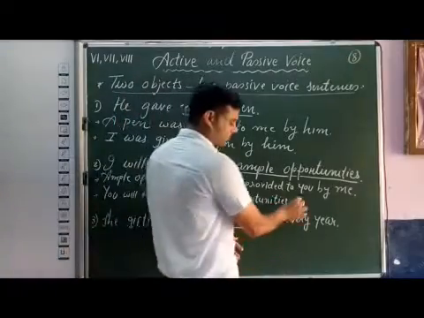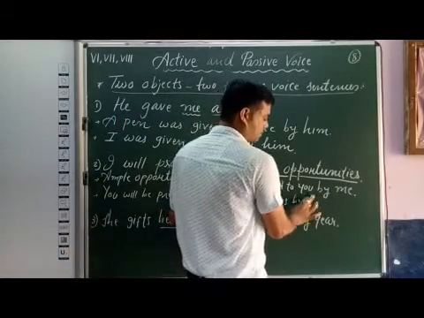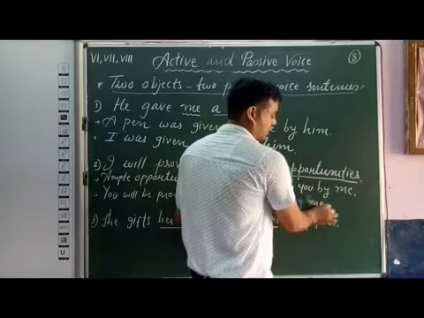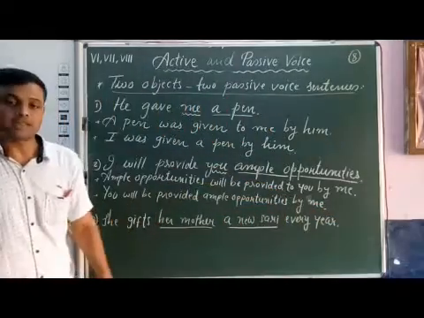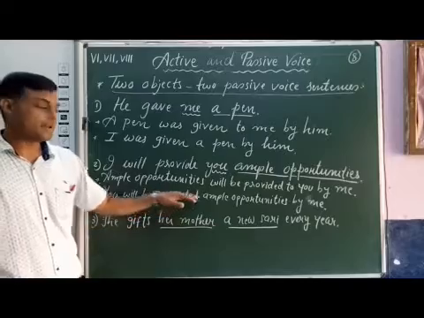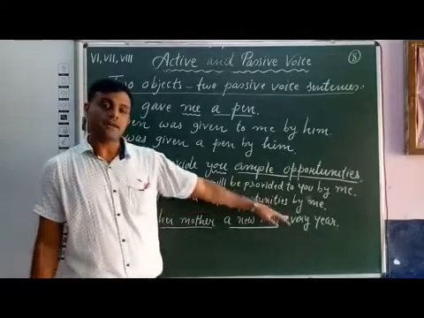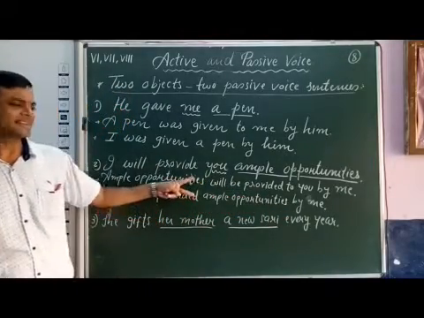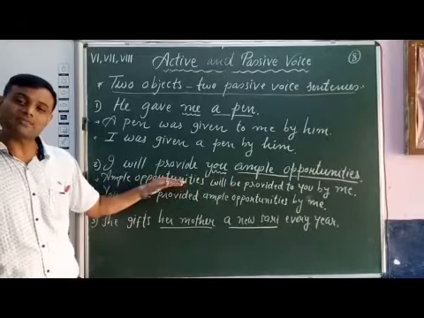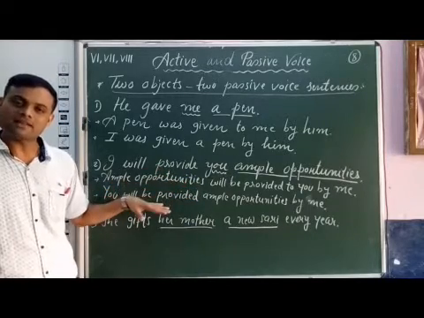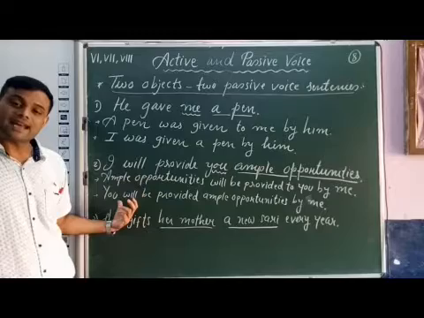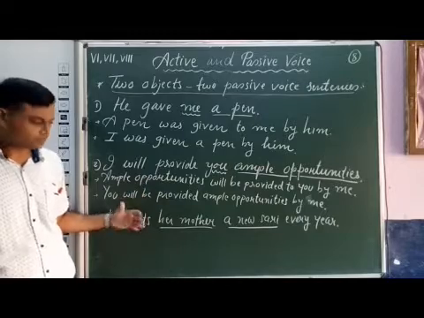Then by, and then subject, that is I, so its object pronoun me. You will be provided ample opportunities by me. Both the sentences are in passive voice. First sentence by using direct object, and second using indirect object, you.